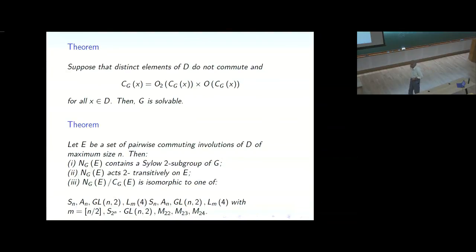The next thing was taken up by people like Ito, Suzuki, Walter Feit. They were trying to see doubly transitive groups such that no non-trivial element fixes 3 symbols. Doubly transitive groups where no non-trivial element fixes 3 symbols.